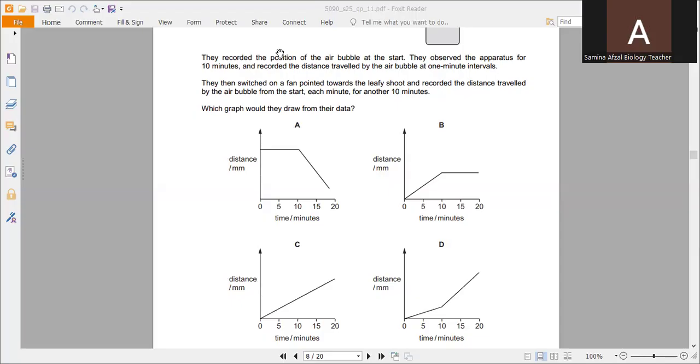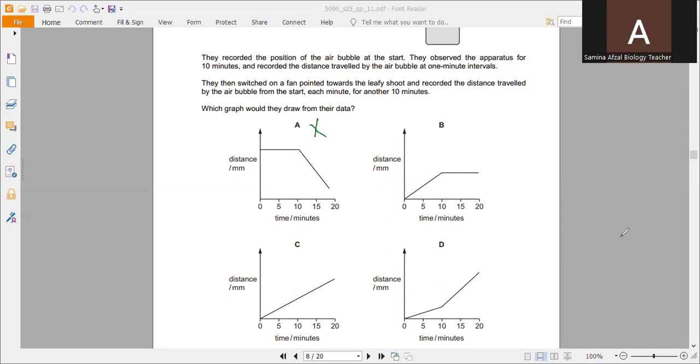As you can see, this is 15 and 10, and then B, which is not a correct option. So after 10 minutes, the distance is decreasing. It means when they switch on the fan, the distance should increase because the reaction will become fast. So A is not a correct option.